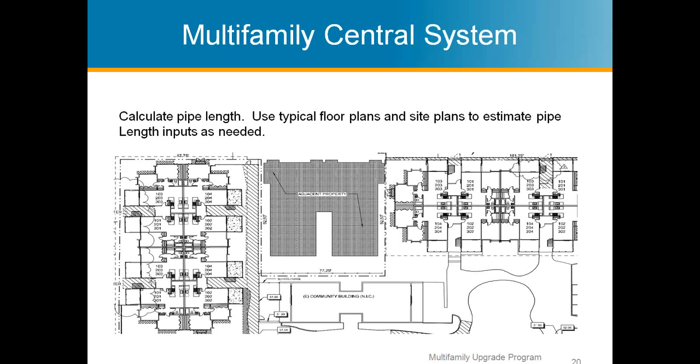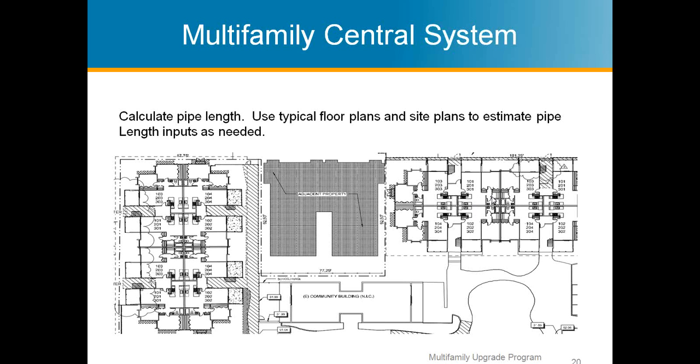My typical rule of thumb is, depending on where the domestic hot water is located, try to draw out how that would be piped. Keep that on file, saying this is how I determined what the piping would be.